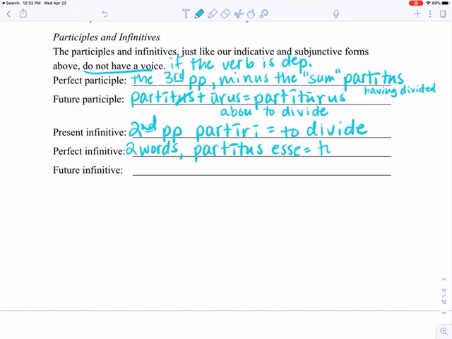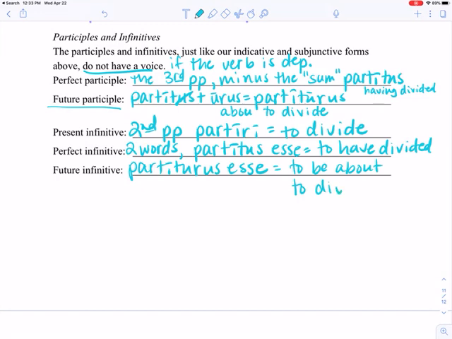So this is to have divided. Our future infinitive, we're going to take that future participle. So we're taking parturus, and we're going to add esse. And this is to be about to divide.